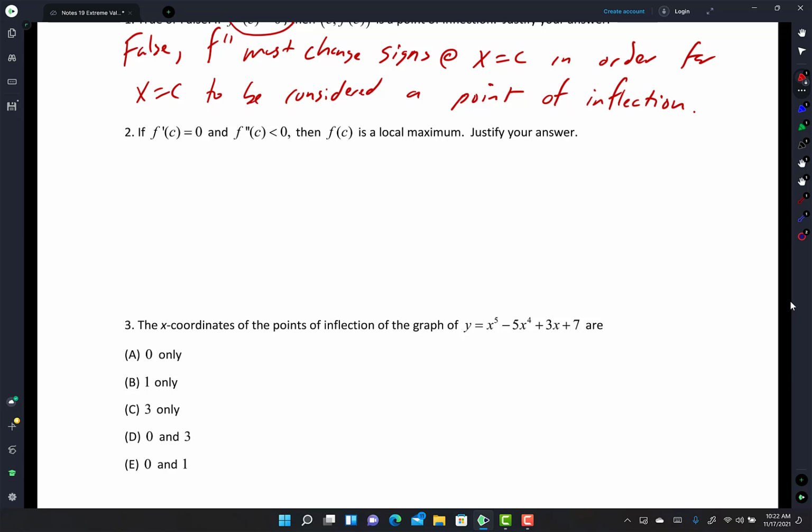Draw a visual for F. Well, this is concave down. No, there's no slope. It's a horizontal tangent. Oh, okay. Concave down, horizontal tangent. Is it a max? Yes.